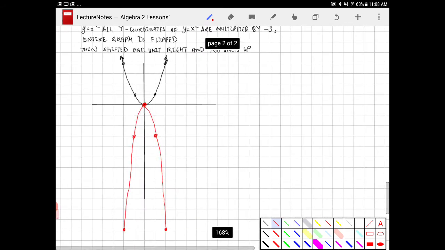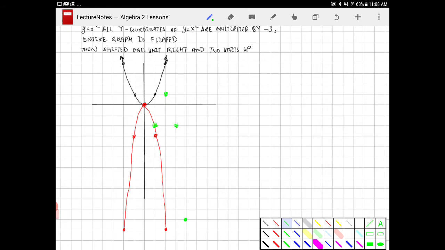And what are we going to do with this? Well, we are then going to transform this. We're going to shift this 1 unit to the right and 2 units up. So that means my vertex is going to be located over here. I'm going to use another color for this. Let's use green. So the vertex is going to be located there, and then it's 3, 2, 4, 6, 8.